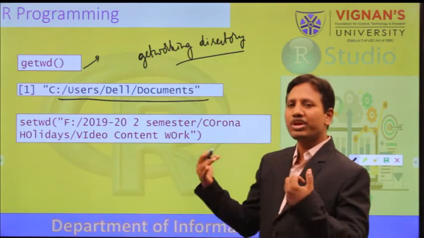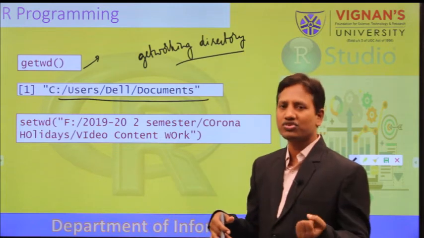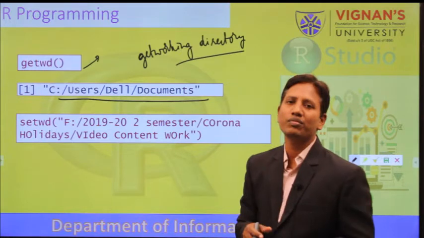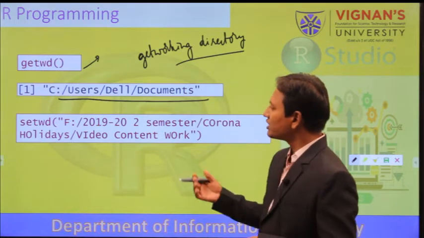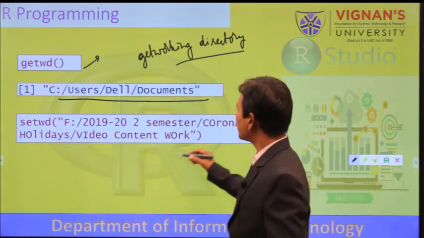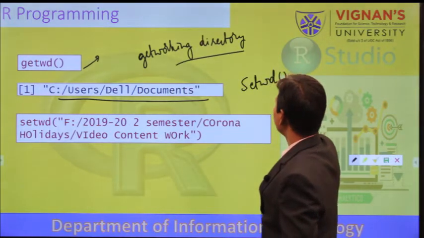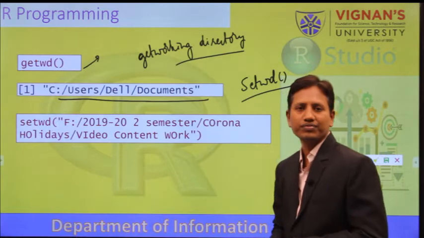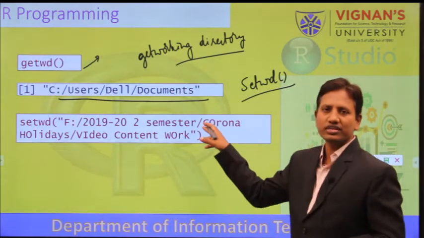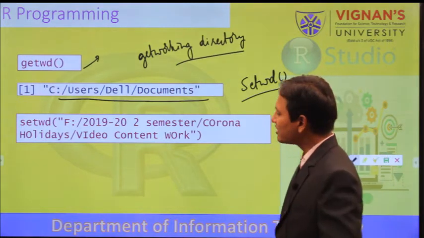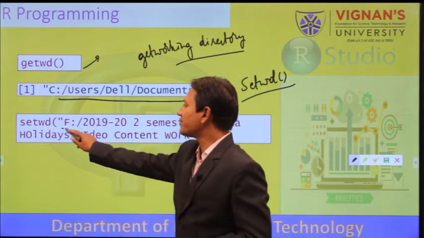So we have to change this working directory to our own directory where our data is available. For this, we are going to use a function called setwd, set working directory. Using this, we are going to set our working directory. In my case, I have set it to a folder in the F drive.